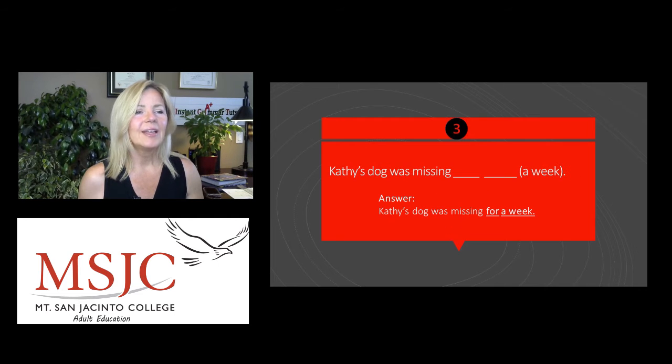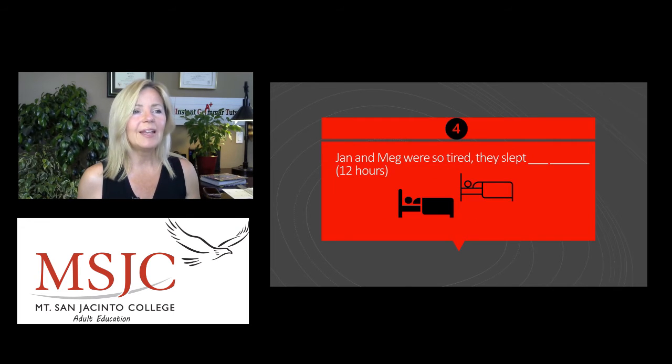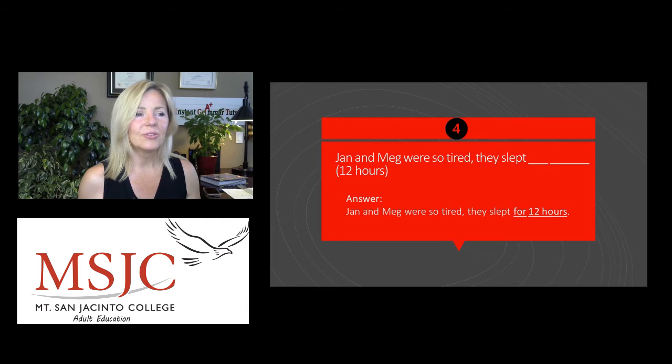The answer, Kathy's dog was missing for a week. Number 4, Jan and Meg were so tired they slept. The answer, Jan and Meg were so tired they slept for 12 hours.